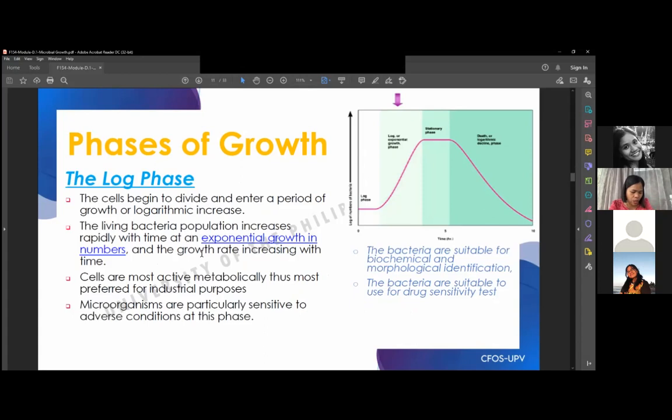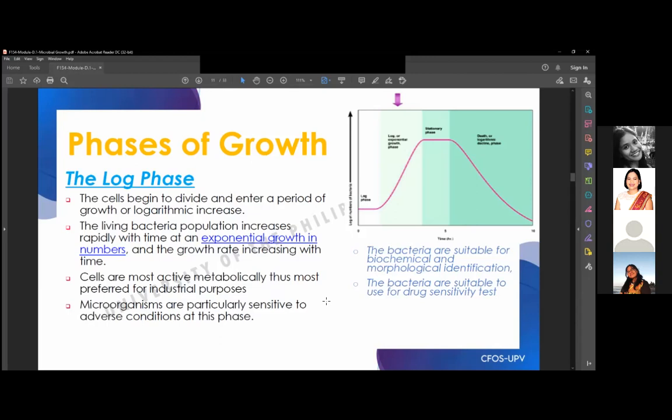Okay, so log means logarithmic. Mabilis. Okay? So the cells begin to divide and enter a period of growth or logarithmic increase. So bacterial population increases rapidly in time with an exponential growth in numbers. So yun yung sinabi ko kanina. So take note, cells are most active metabolically. Thus, it is the stage wherein the microorganisms are preferred for industrial purposes. Like for example, kung gusto mo mag-produce ng fermented products, ayun.